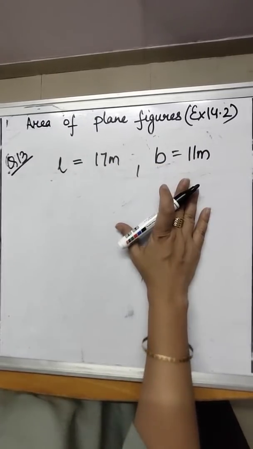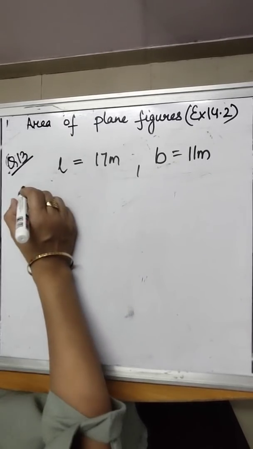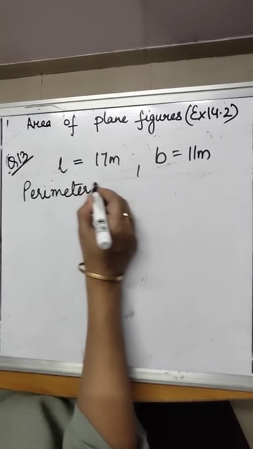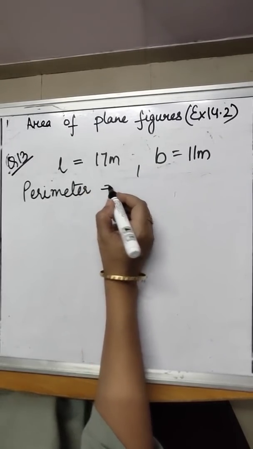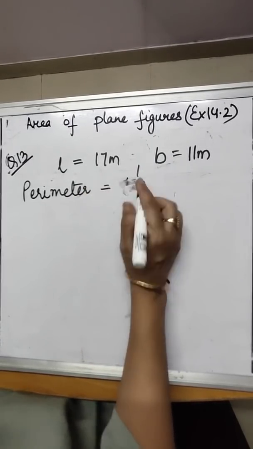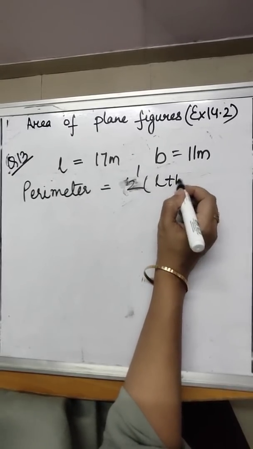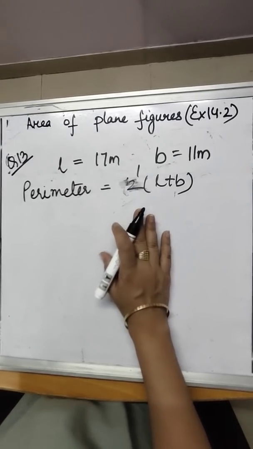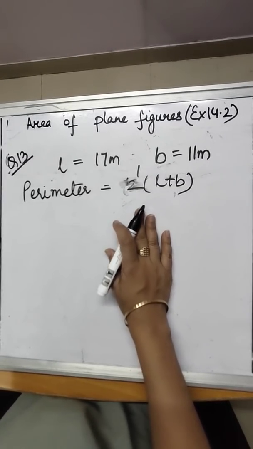So if the length and the breadth of the rectangle is given, so can we find out the perimeter? Because they are saying that the perimeter is same. So let's first find out the perimeter of the rectangle. So perimeter of the rectangle is twice L plus B. Once we put the value here, what we get? We'll get the value of the perimeter of the rectangle.